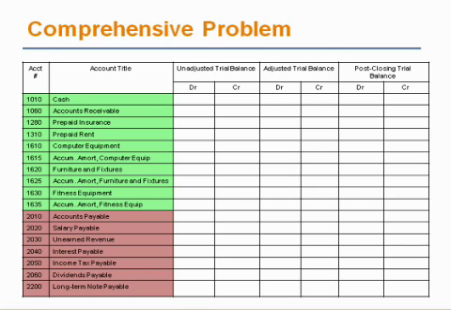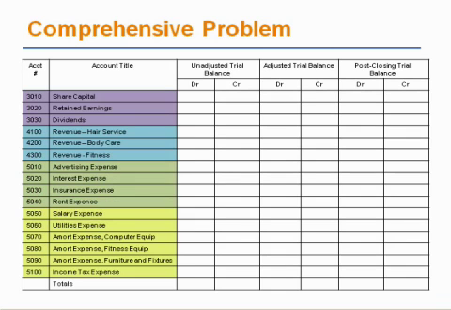We have our adjusted trial balance for December with our debits and credits. And once we've closed out our period, we have post-closing trial balance to look at. So there's actually 3 sets of columns, 2 per set for each trial balance. So that's our top half. We also have the bottom half with our share capital and retained earnings, revenues, and in beige and taupe we have our expense accounts.